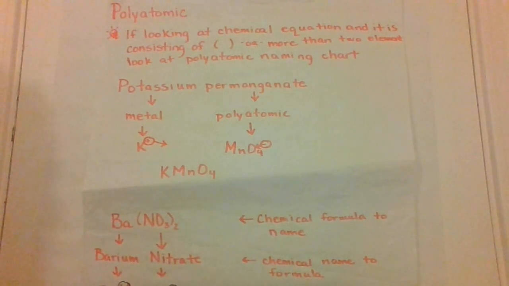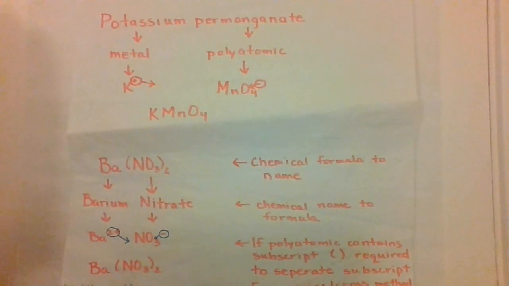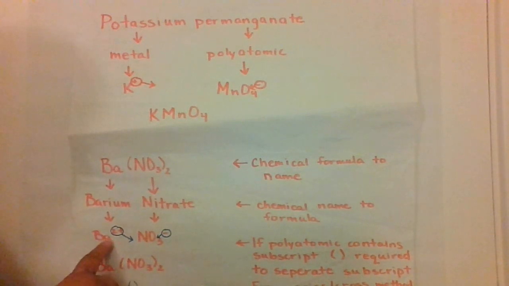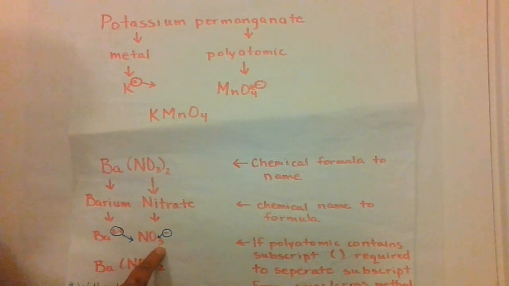And if we were to take that and do it in the opposite direction, from name to formula, we know that barium is Ba2+, and nitrate is NO3 -1.